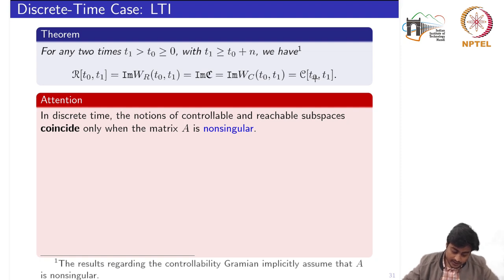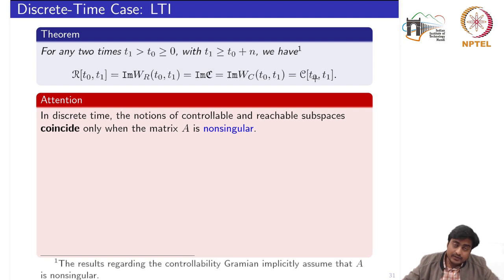In the discrete time case, the notions of controllable and reachable subspaces coincide only when the matrix A is non-singular. One of the reasons, as we had seen, is that you won't be able to compute the solution, or the x0.